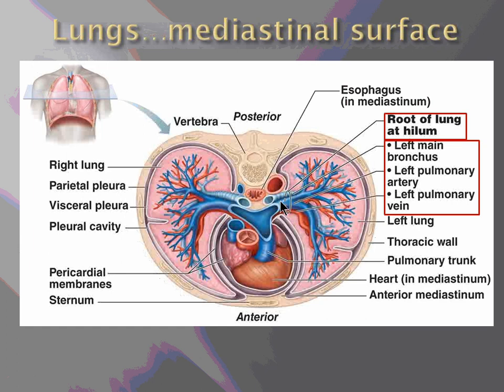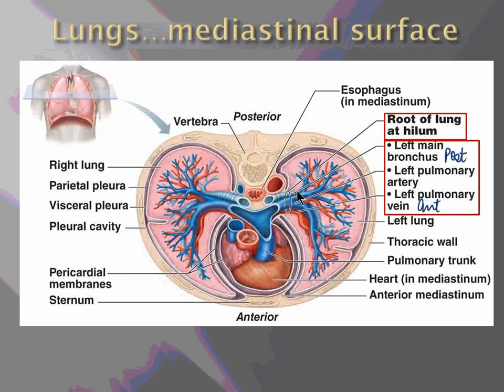And in both lungs, three major structures enter or leave at the hilum. They are the bronchus, a pulmonary artery, and pulmonary veins, two pulmonary veins. So you have pulmonary veins which are anterior-most. The artery is in between, and the bronchus is posteriorly placed.